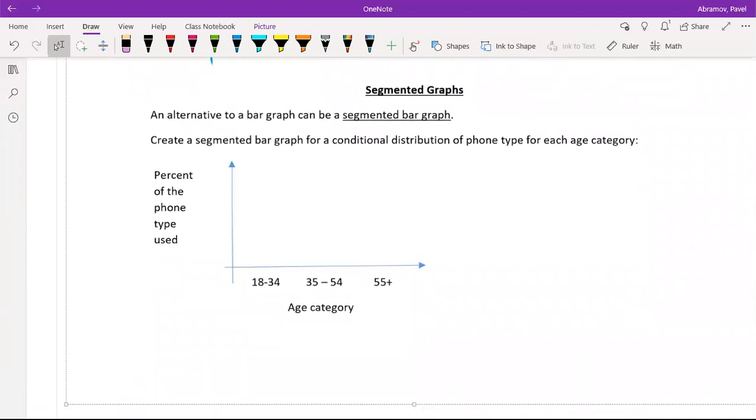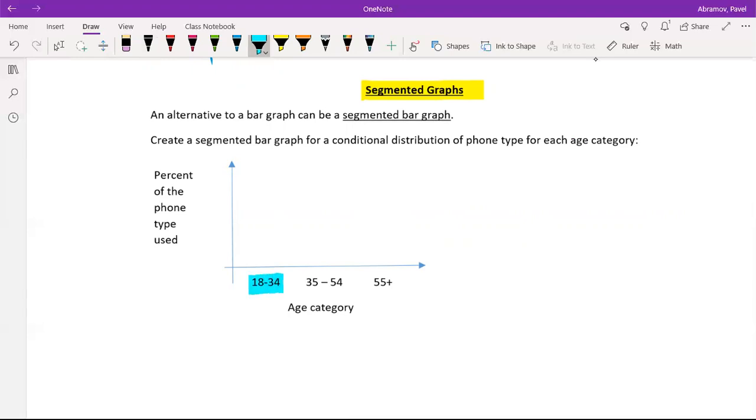Okay, next thing that we're going to talk about are segment graphs. I mentioned that we will discuss segment graphs, or segmented graphs, at some point. It's just a different way to represent our data. So let's create a segmented graph for our type of phones, and I'll do it only for one category, our 18 to 34 ages category.